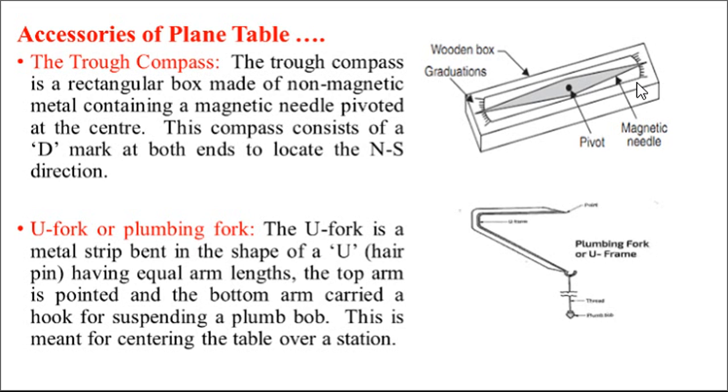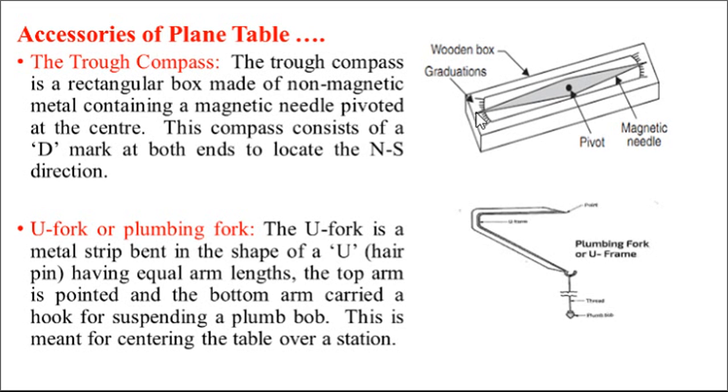The trough compass is a rectangular box made up of non-magnetic metal or sometimes with wooden, consisting a magnetic needle pivoted at the center. This compass consists of D mark at both ends to locate the north and south direction.